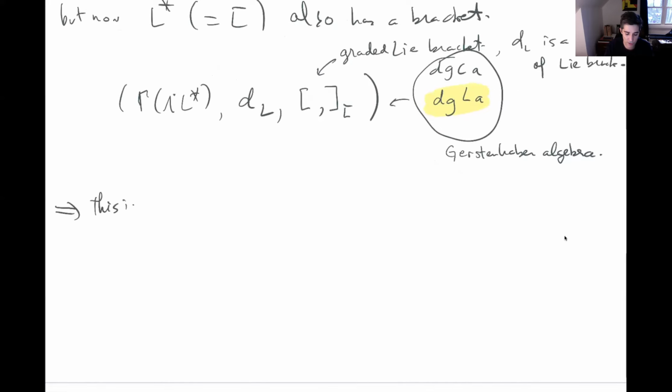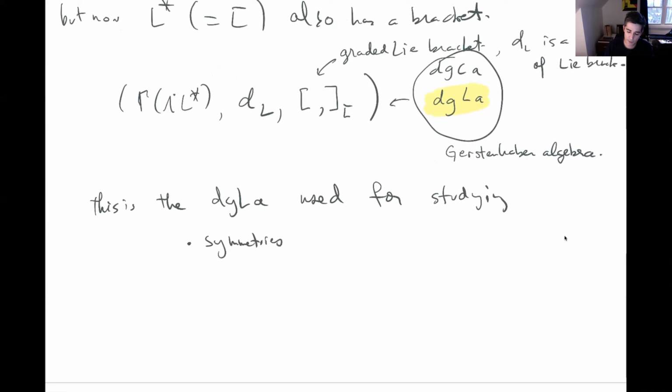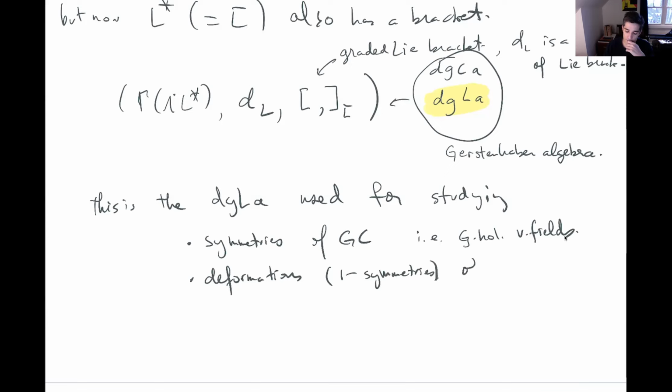So this is the DGLA used for studying symmetries of GC, i.e. generalized holomorphic vector fields, and deformations, which are one symmetries, if you want, of generalized complex.